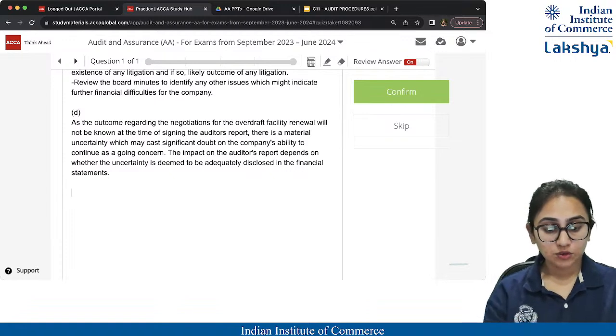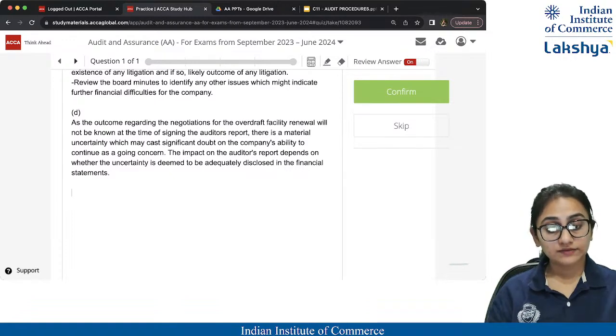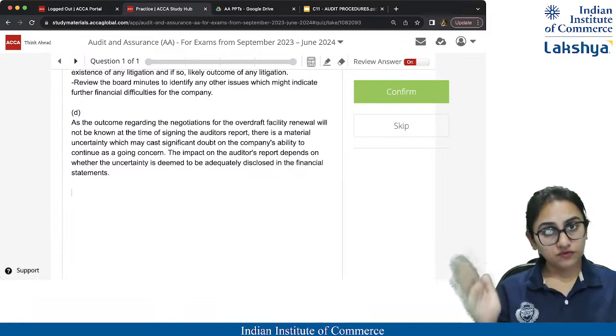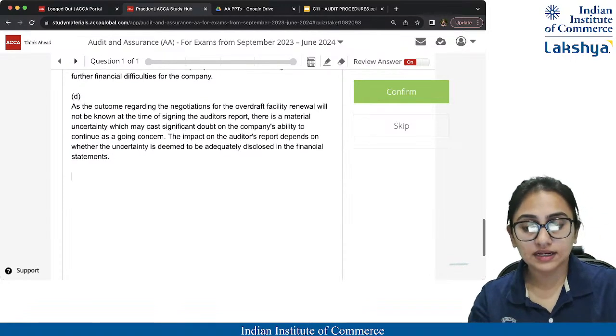So if the disclosure is adequate, then what? And if the disclosure is inadequate, then what? You can write it as a part of a table, or you can write it like I'm writing it.